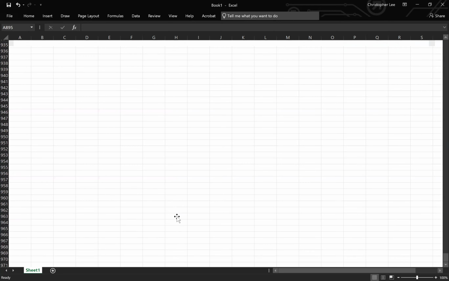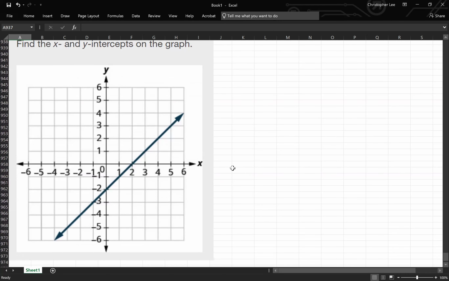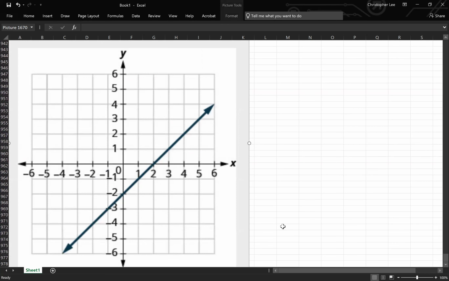I'll let you guys try one. Here you go. So long story short, I want the x-intercept, I want the y-intercept. So x-intercept is what?